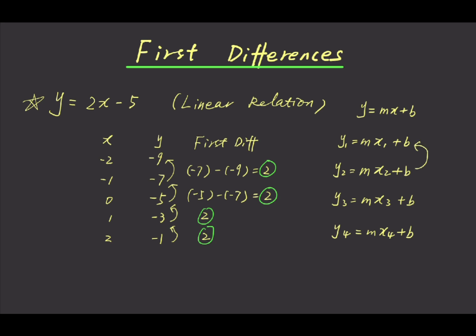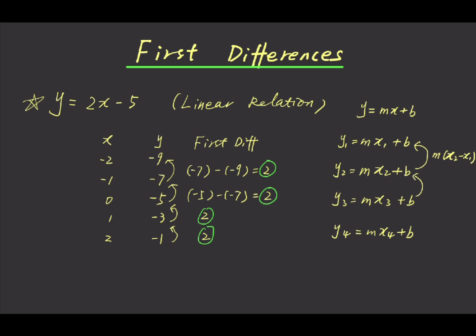So for the first difference, we should use this algebraic expression minus this algebraic expression. You will find out b will disappear, and we can isolate the common factor m. So we get m times (x2 minus x1). This is the first difference.